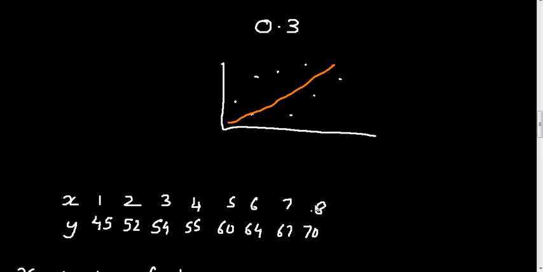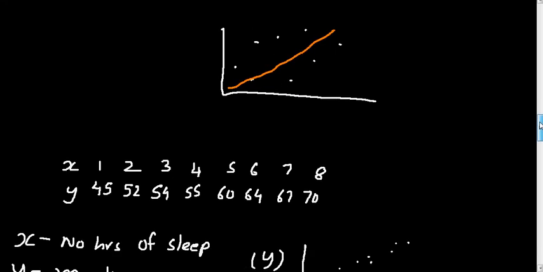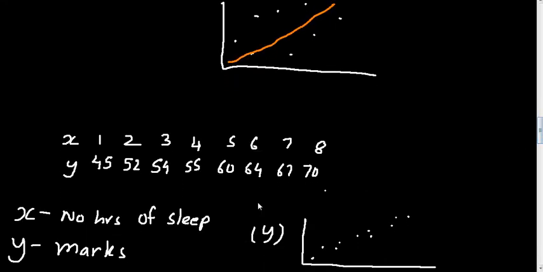For the Edexcel exams, when they say interpret that PMCC value, you don't just say it's a strong positive correlation. You've got to say, as x increases, y increases, in the context of the problem. The variables defined as x and y were number of hours of sleep and marks. So as the number of hours of sleep increases, the marks you obtain for the test next day increases. That will be your answer.